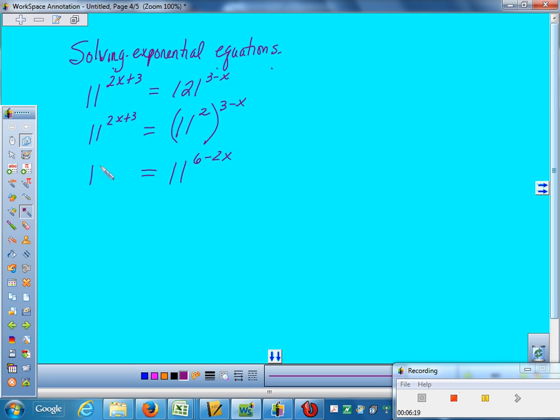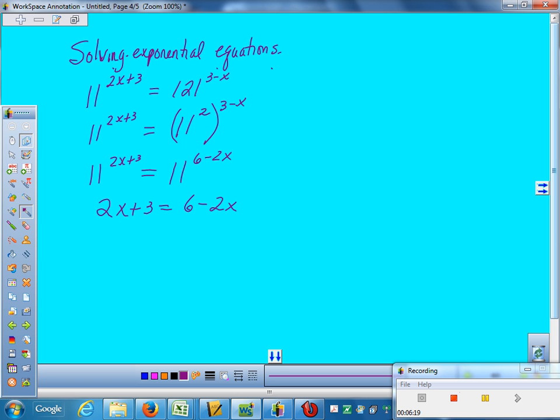Okay, once you get both sides all simplified and have the same base, they're both 11. If the bases are equal, wouldn't the exponents then have to be equal too? So once you get the bases to be the same, you can drop the bases and you just go with the exponents. And you say, well then 2x plus 3 has to equal 6 minus 2x.